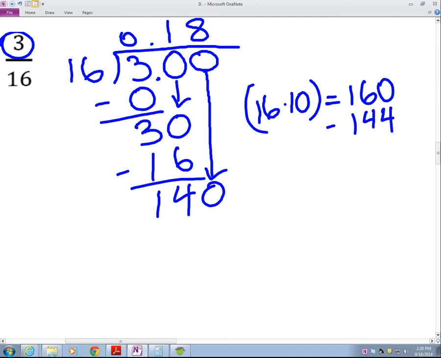And I know that 16 less than 144 is going to be 128. So I have 128 here, because that's 16 times 8.